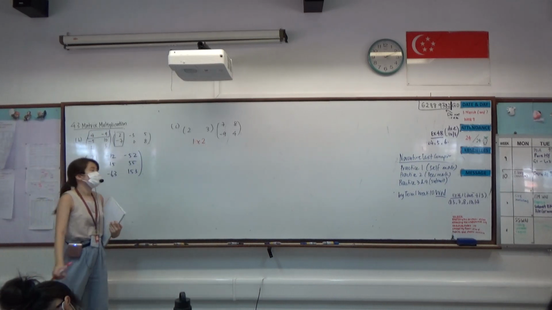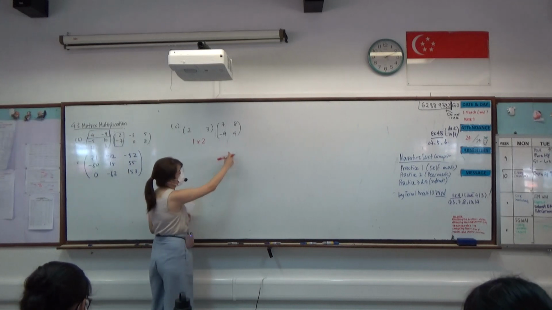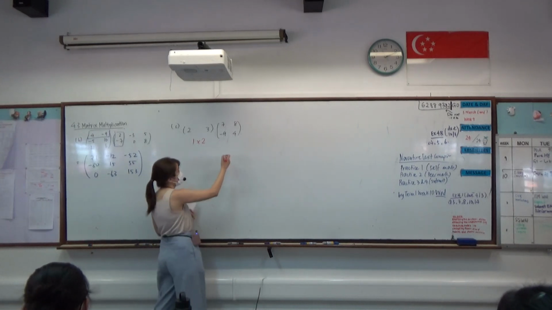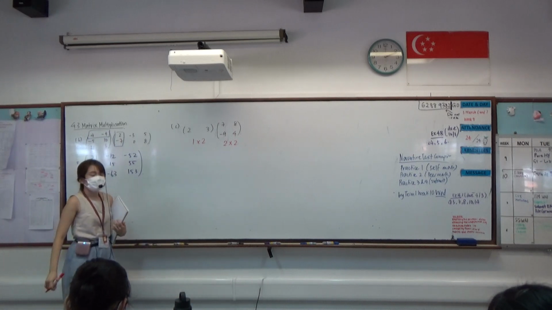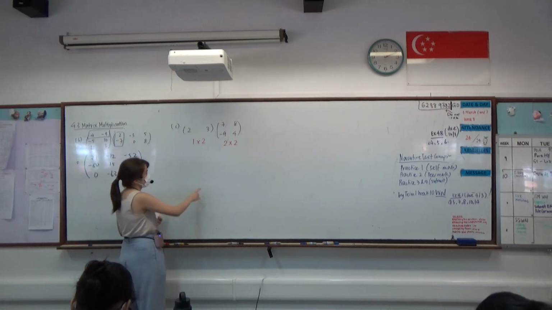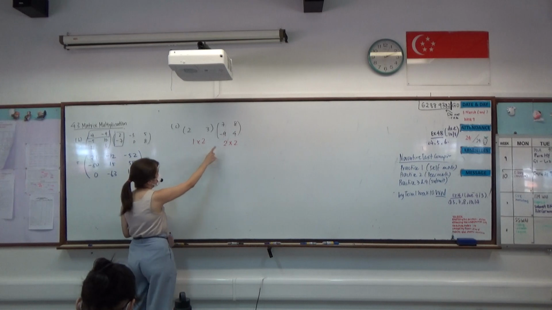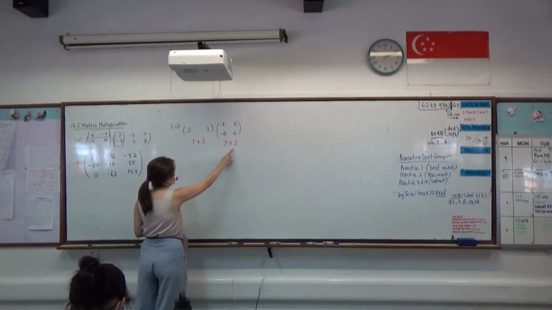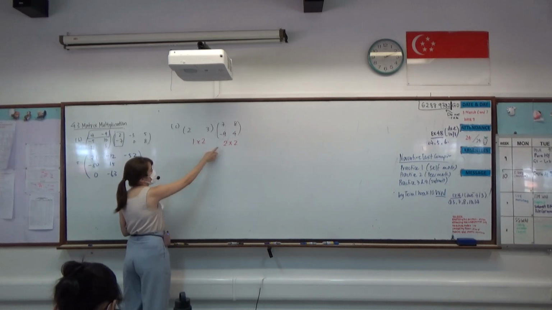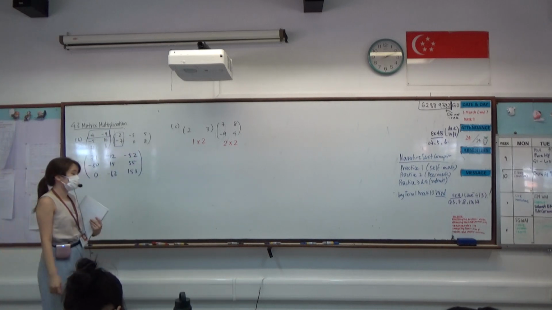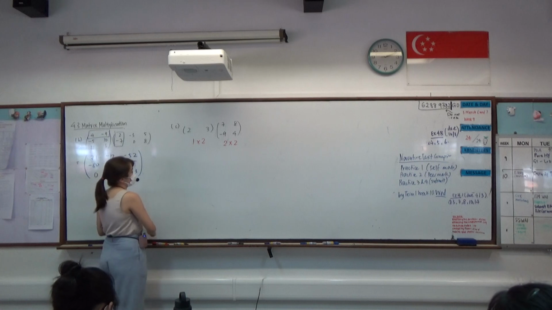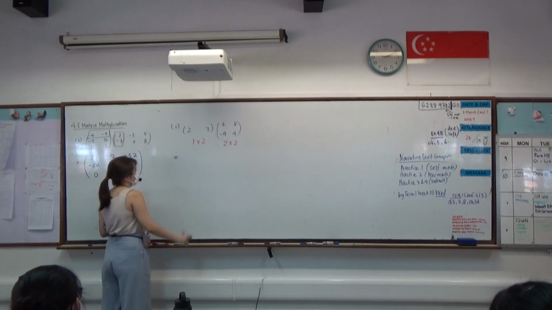Then in the next one, this is a square matrix, so it's a 2 by 2. So you should realize that if you had 2 by 1 over here, and this one is definitely 2 by 2 only, then the middle numbers do not match up. Therefore, it will not be computable. Then you will have trouble getting your answer.